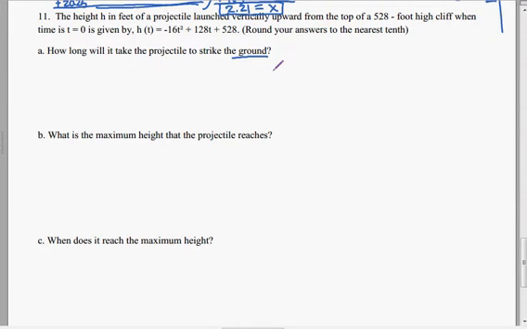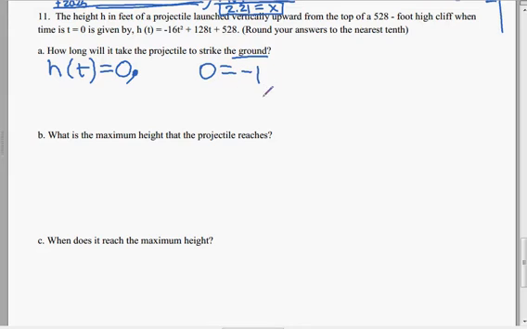First of all, hit the ground. That means h of t equals 0. The height equals 0. Okay? So I put that into my equation.